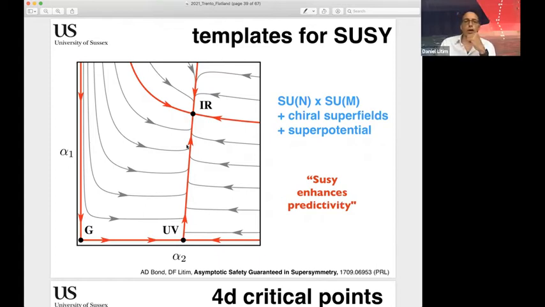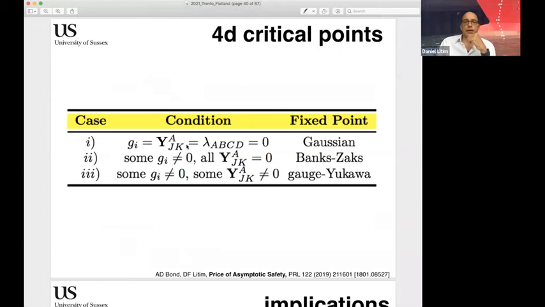Okay, so to sum things up, I've shown you a couple of examples where the table in the beginning came from. I haven't spoken a lot about the infrared fixed points, because those were known for some time.